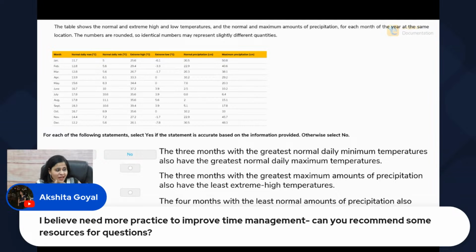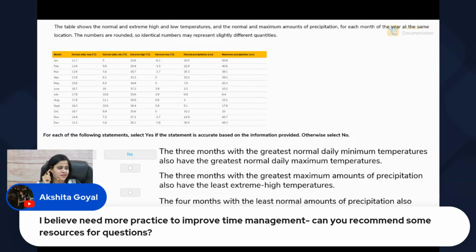And on the time management point, Akshata, I would want to comment on that. Time is always a consequence. That's applicable across the board on verbal, quant, as well as data insights, and it's even more applicable to data insights. Why? Because there is so much data that you can get lost in it, which is where the owning-the-data-set mindset is very important.